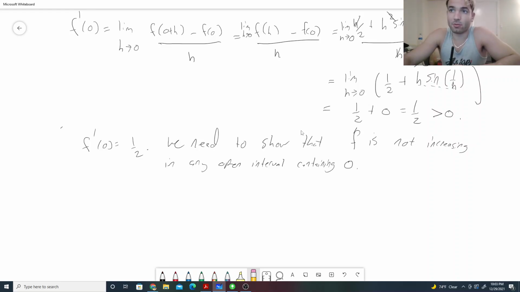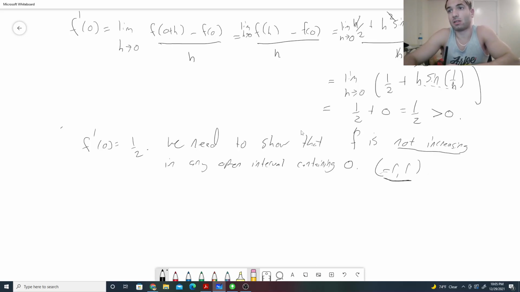Any open interval from -r to r, it's okay that it's symmetric. And what can we say about the derivative on this open interval? Well, if f were increasing on this interval, we know its derivative would have to be greater than or equal to 0.